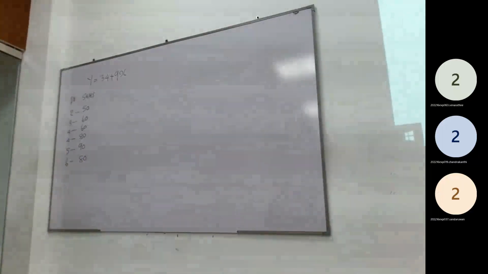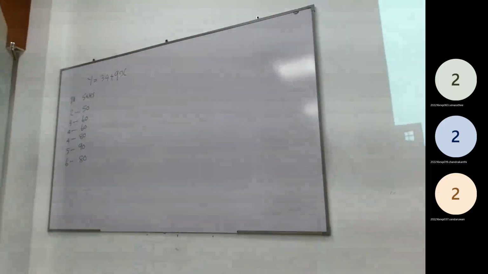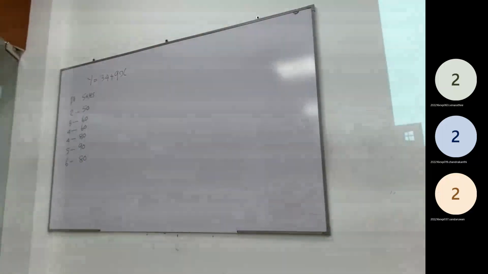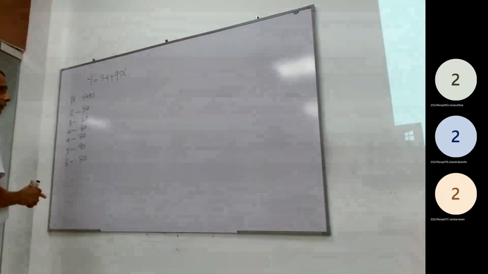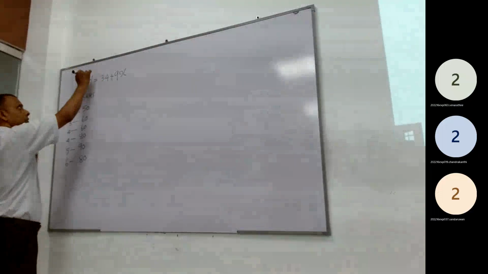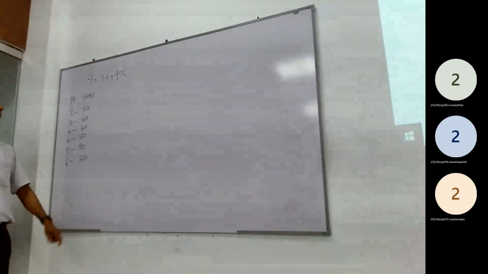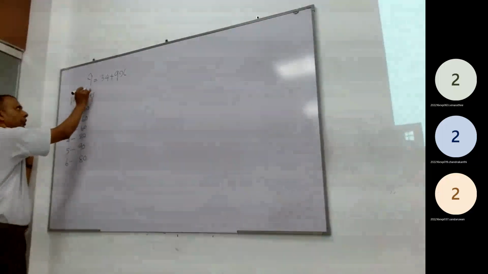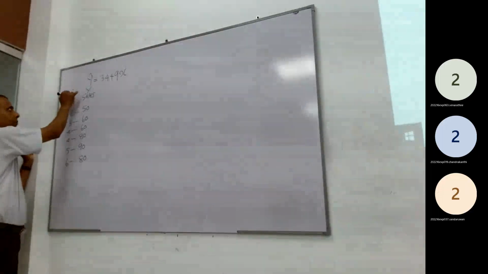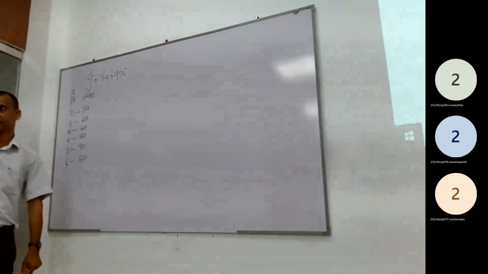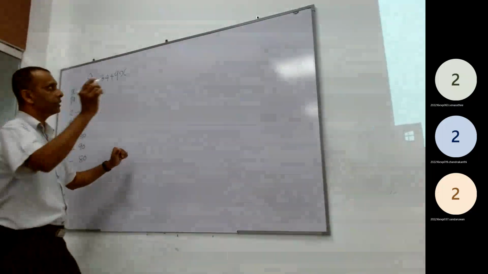For this data, we constructed our model y equals 34 plus 9x. We have done that. Model means the predicted value. This is my original value y. This is my independent variable x.